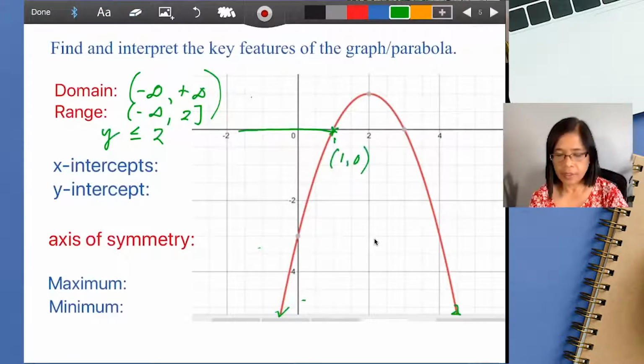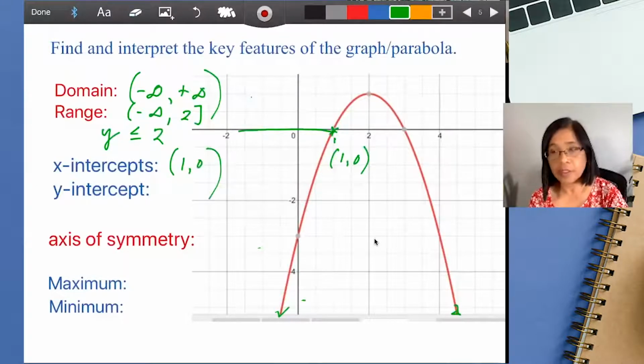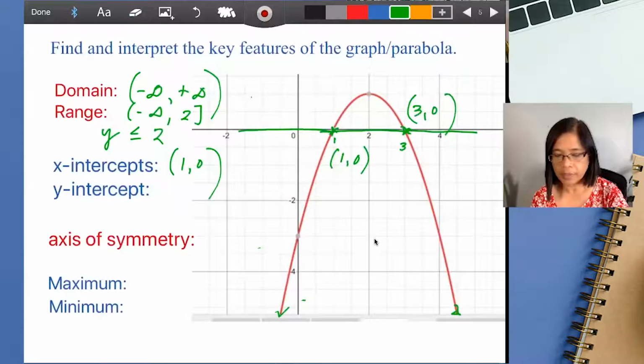If we continue, I'll stop here. This is another point of intersection of the graph of the parabola and the x-axis, so this is another x-intercept, and the coordinates are the point 3, 0. So we have two x-intercepts here, 1, 0 and 3, 0.